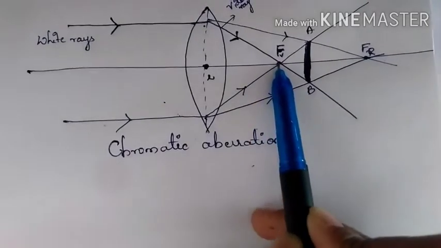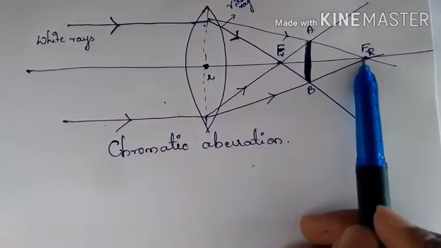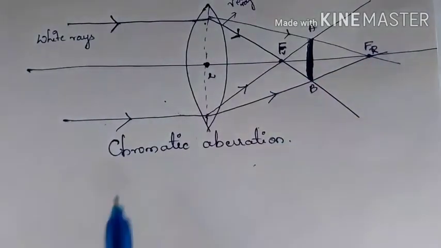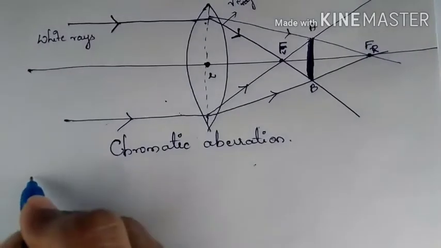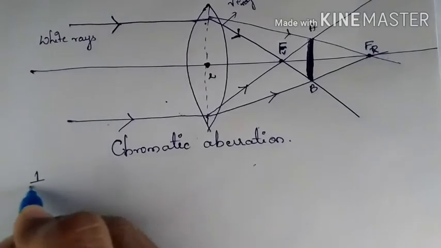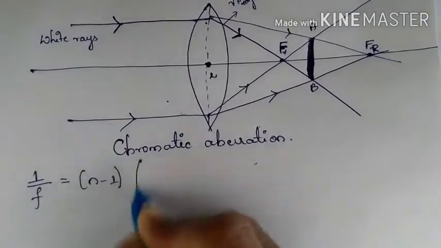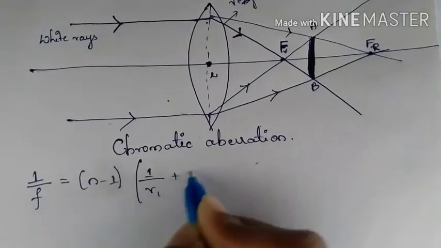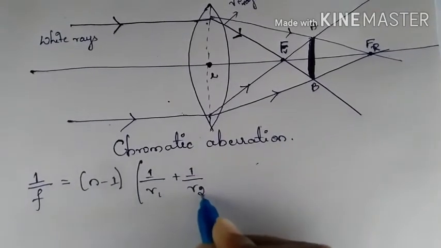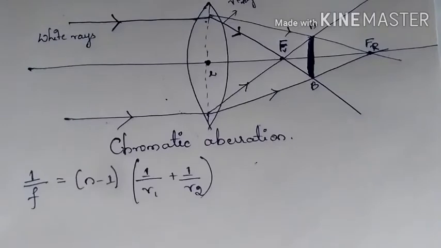So we saw violet has a different focal point and red color has a different focal point. So now from the lens maker's formula, the focal length of a lens can be written as 1 by f is equal to (n minus 1) times (1 by r1 plus 1 by r2). So this we are writing from the lens maker's formula.